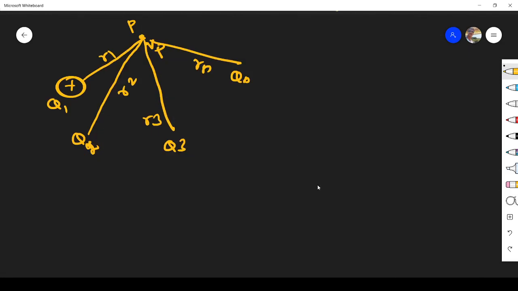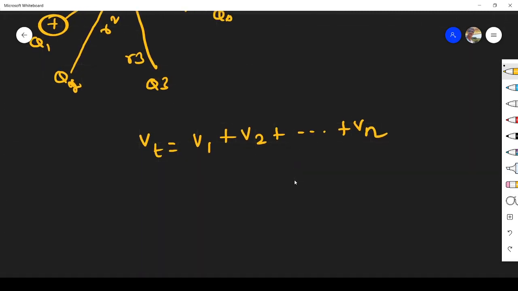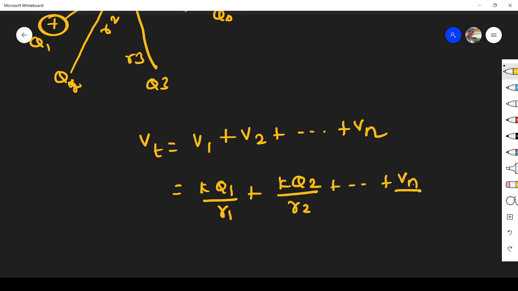It is due to the sum of individual charges, like electric field due to a system of charges. So V total is equal to the potential generated by charge 1, plus the potential generated by charge 2, and so on up to the potential generated by charge n. So what is V1? V1 is KQ1 by R1, the potential due to charge 1, where R1 is the distance. V2 is KQ2 by R2, the distance between the charge and the potential point. Like that it will go up to Vn, KQn divided by Rn.